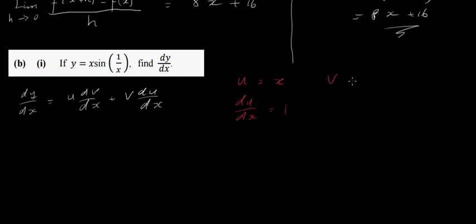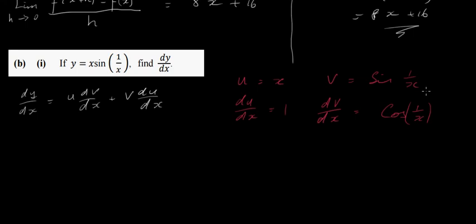V here is going to be sine 1 over x. So dv dx here, we've got to use the chain rule. If we differentiate sine, we get cos, cosine 1 over x.